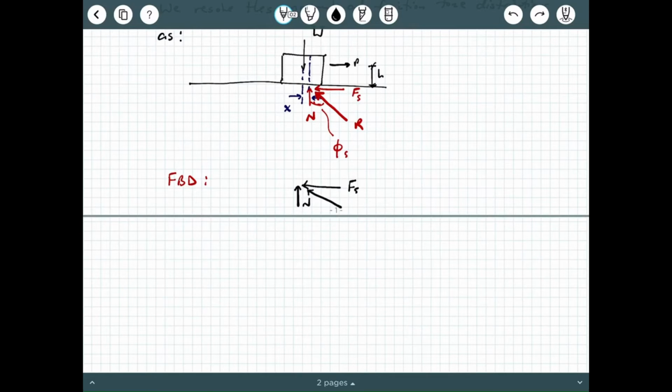In fact, let me move my N to the other side here. And we're going to have this angle right here again. That's phi sub s. So phi sub s is an angle that's in between this vertical normal force and this resultant force right here. Okay.